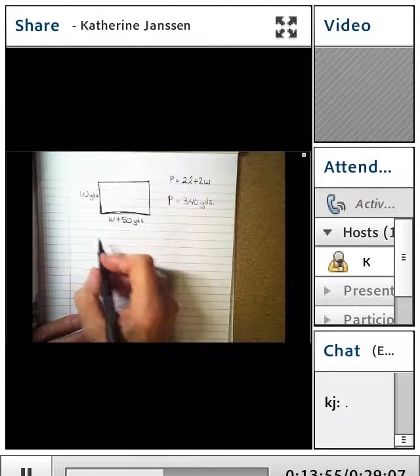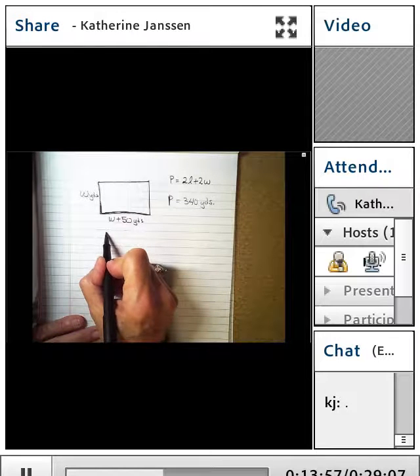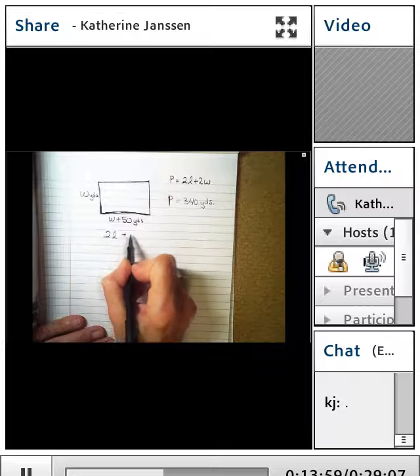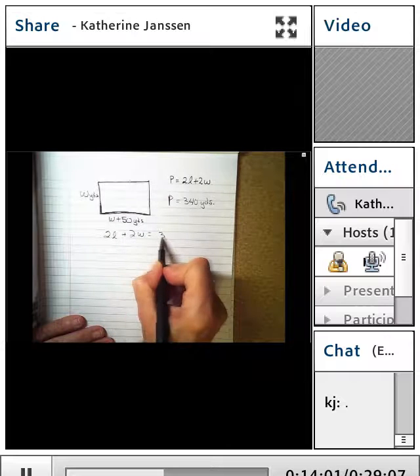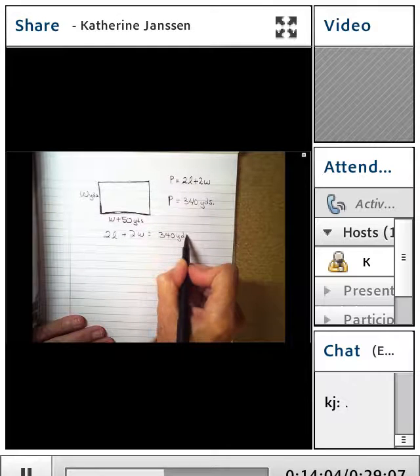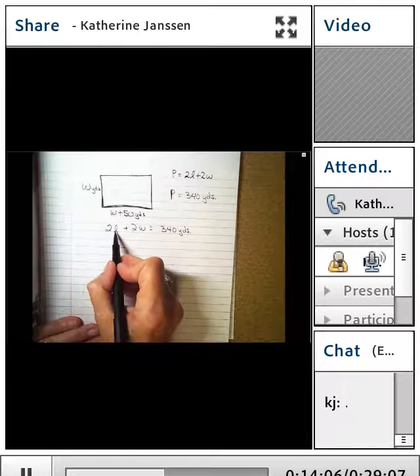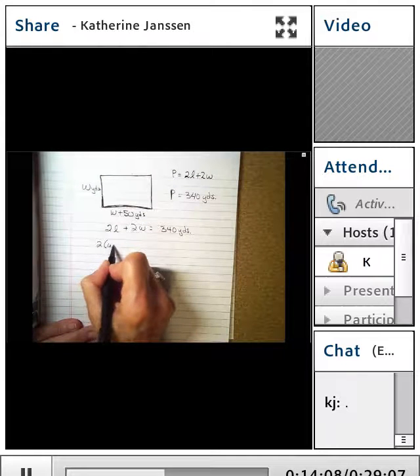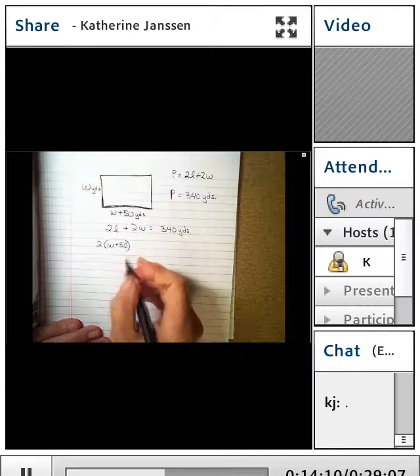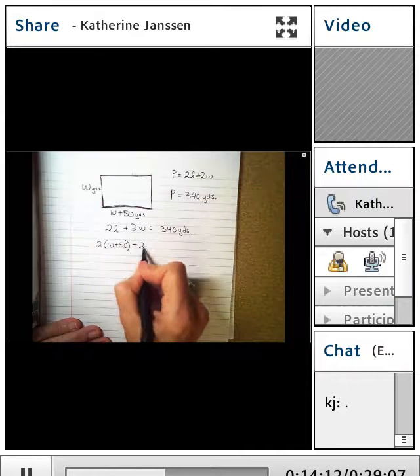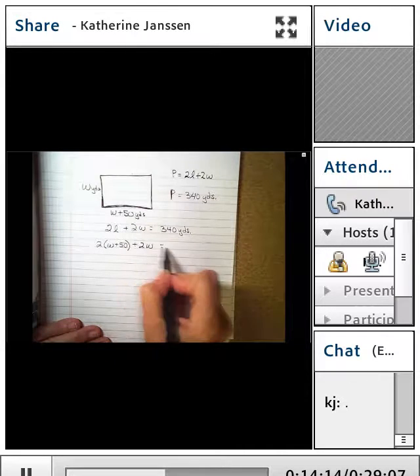So 2 times the length plus 2 times the width is equal to 340 yards. 2 times our length would be 2 times W plus 50, substituting, plus 2 times our width, which is W, equals 340.